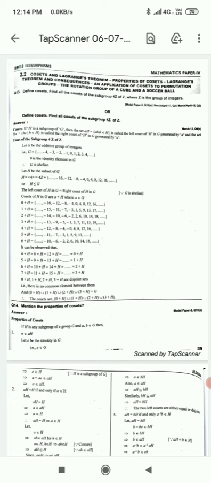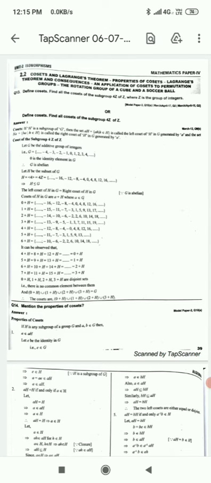Therefore H is a subgroup of G. The left coset of H in G is always the right coset of H in G. Now cosets of H in G are a plus H, where a belongs to G. 0 plus H means we have to add 0 to 4Z, that is -16, -12, -8, -4, 0, 4, 8, 12, 16, and so on.